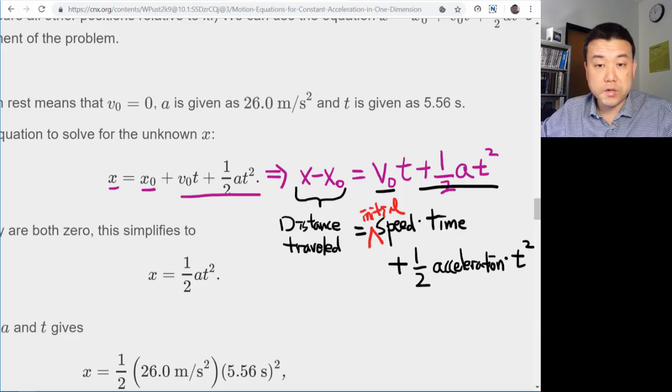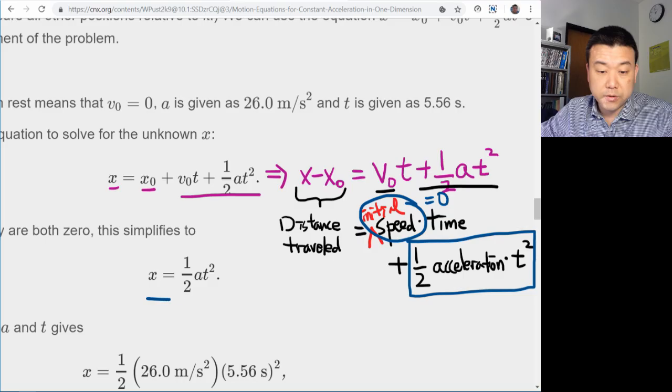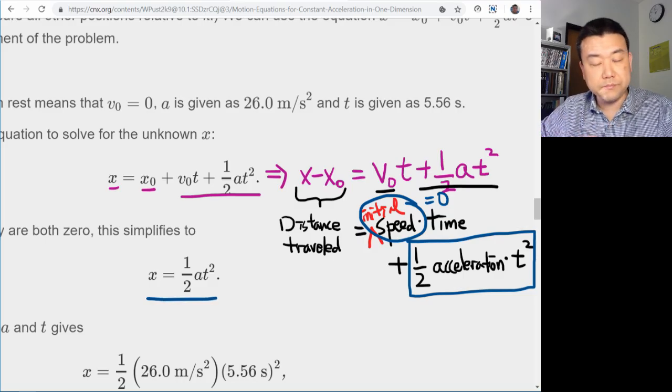So for a situation like the one described in this example and in the homework question, your initial speed is 0, which is why you only end up with this 1/2 acceleration times duration of time squared, and the textbook is giving you this equation. All right, so this might make some sense.